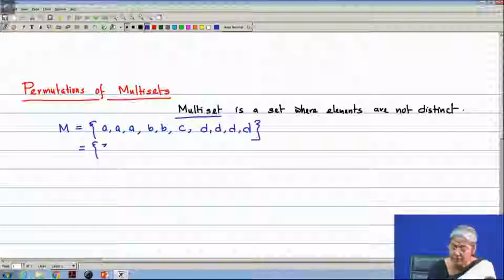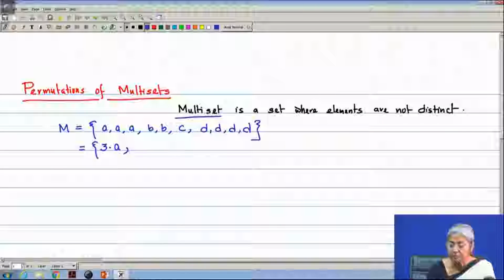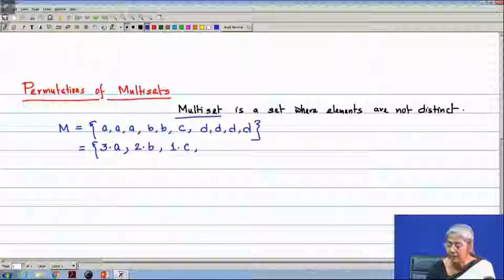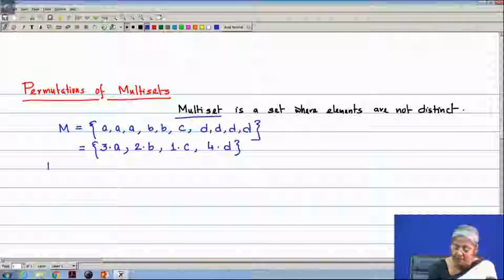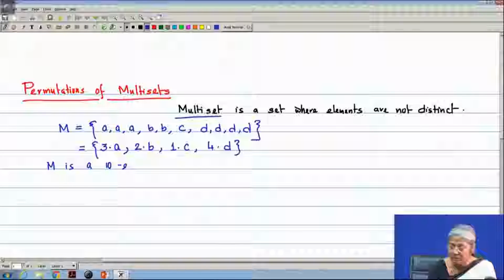Normally we denote this as 3·A, that means A with repetition 3, 2·B, B with 2 repetitions, 1·C and 4·D. So, M is a 10 element multiset.